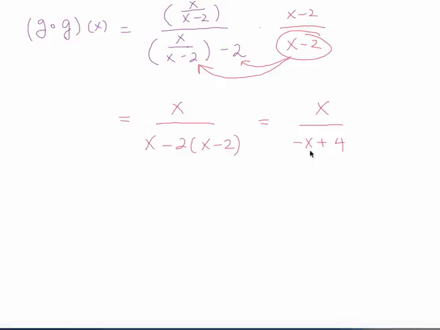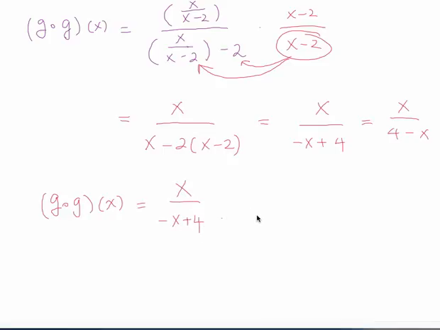Sometimes people don't like putting a negative in front, so they'll say 4 minus x. That's okay too. But you can leave it like this. I'll leave it like that. x over negative x plus 4.